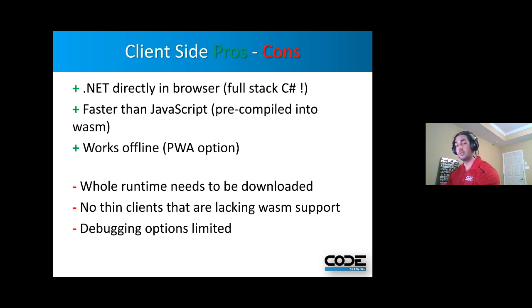It is faster in theory, yes, if you have code that is written in the best possible way in C# and then pre-compiled into WebAssembly, and you have the equivalent code written in JavaScript, yes, it probably is executed faster in WebAssembly.